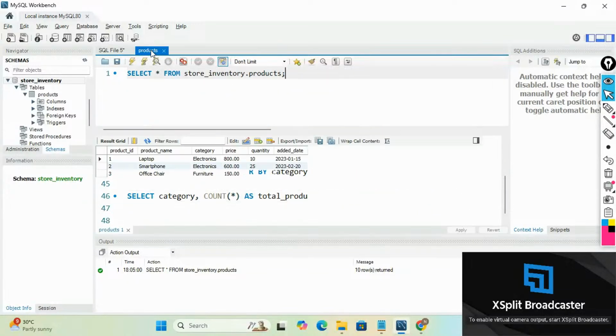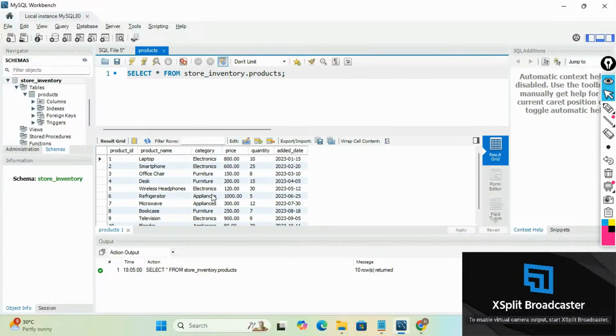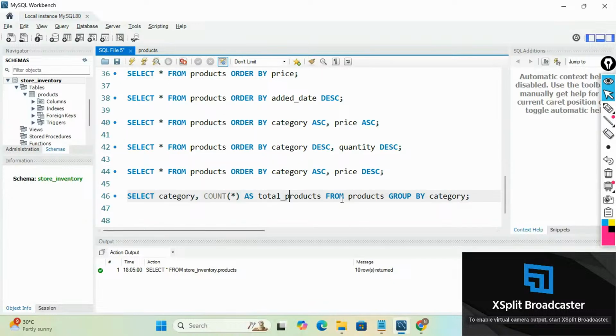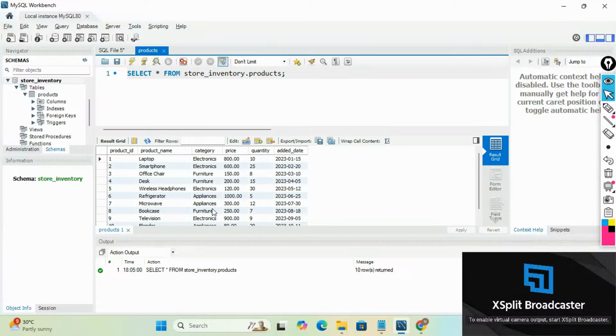I'll go here to the table. How many categories do we have? Three different categories are available in the table. So when you execute this query, the data will be grouped based on the category column. So obviously three different groups should be created.